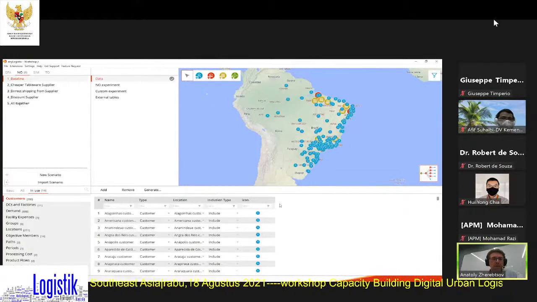Here is the user interface of Logistics, and this is a tool which is designed exactly for optimization of supply chains and for analysis of their performance in time.